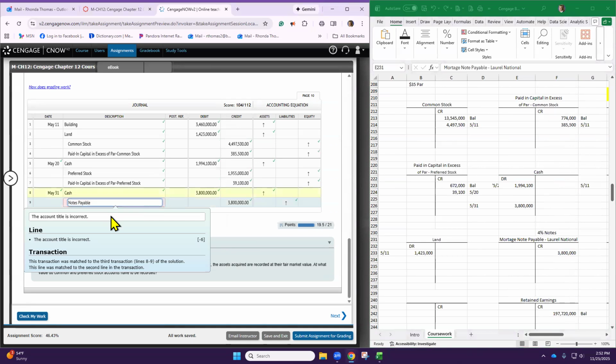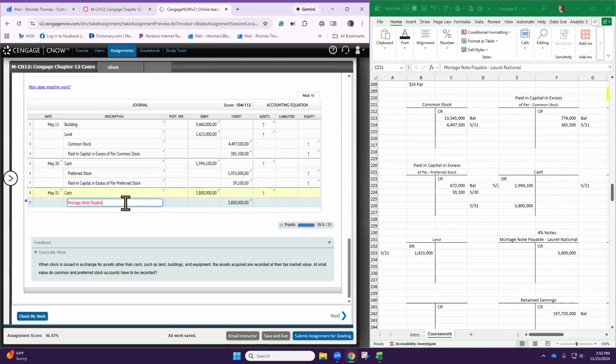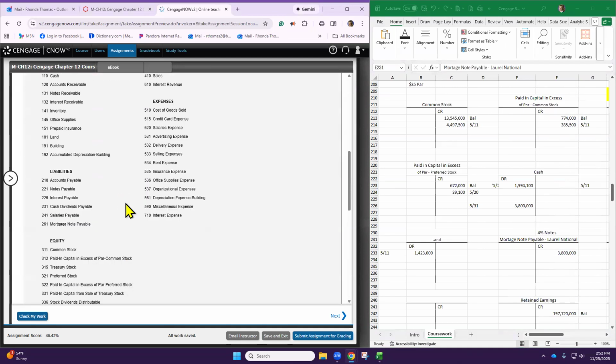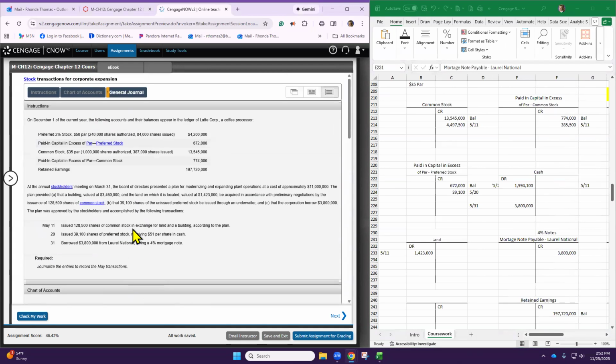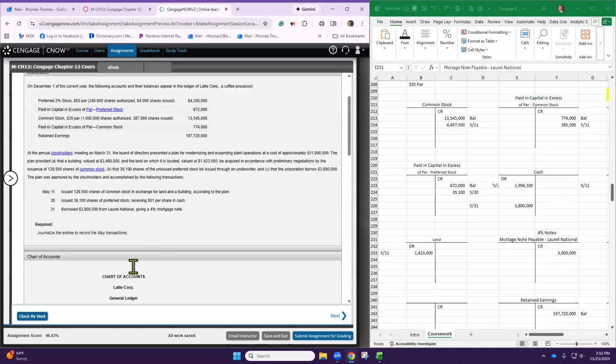So mortgage note payable. Oop. Mortgage, what does this say? Mortgage note payable. Let me see if there's anything else. Okay.